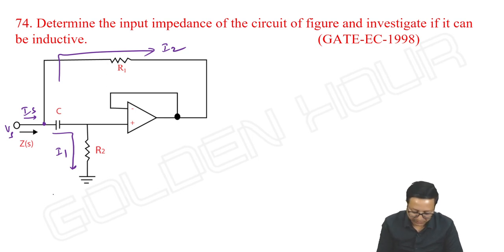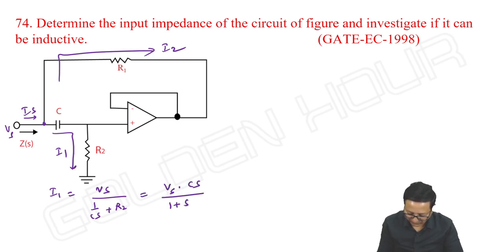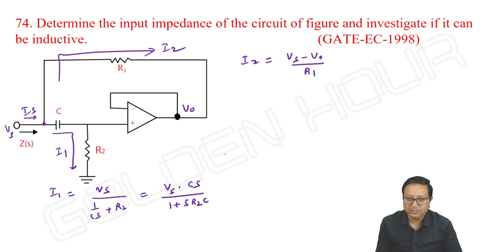So what about I1? I1 is equal to Vs by (1 by Cs plus R2). That is Vs into Cs by 1 plus SR2C. Keep it aside. And I2 is equal to Vs minus, let me take this as V output, by R1.